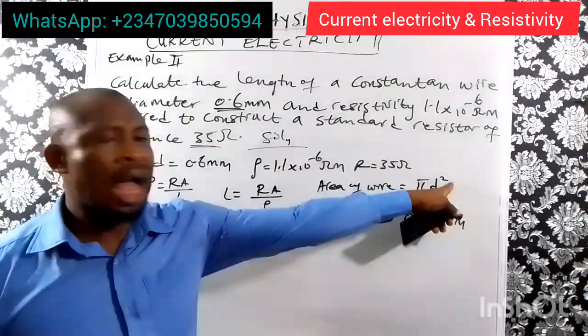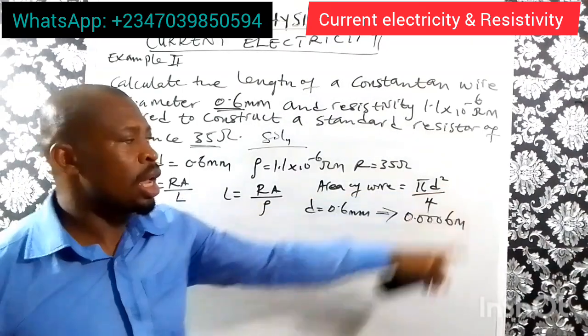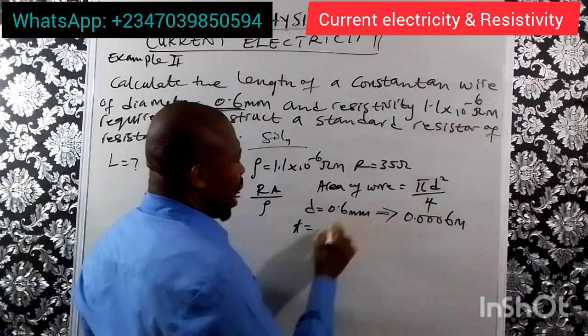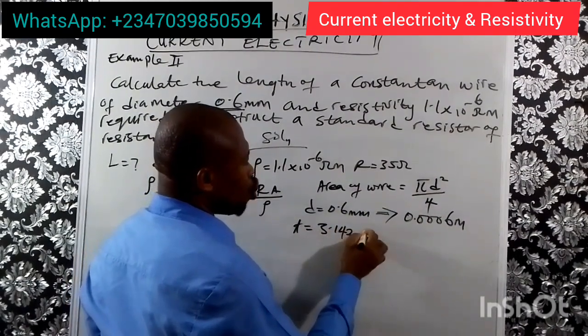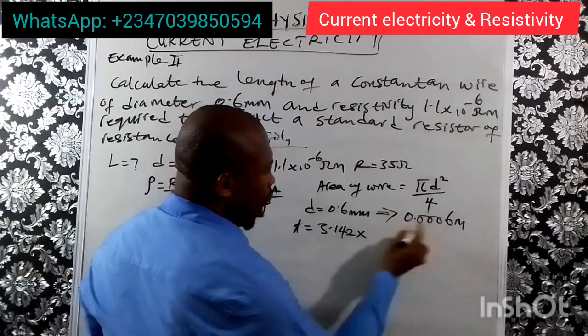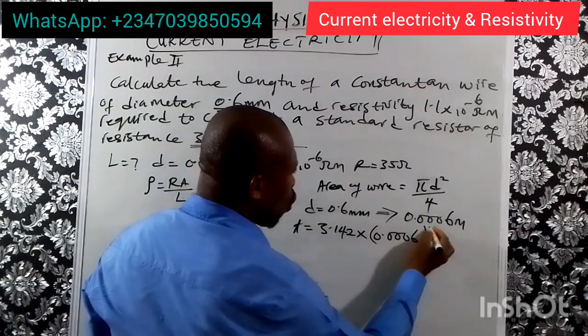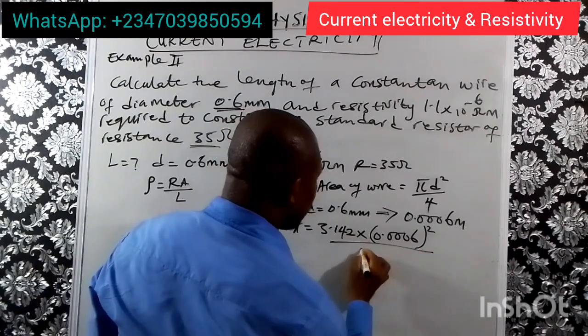Now, having gotten this, we put it here. Area is equal to pi, which is 3.142, multiplied by the square of 0.0006, and you divide everything by 4.